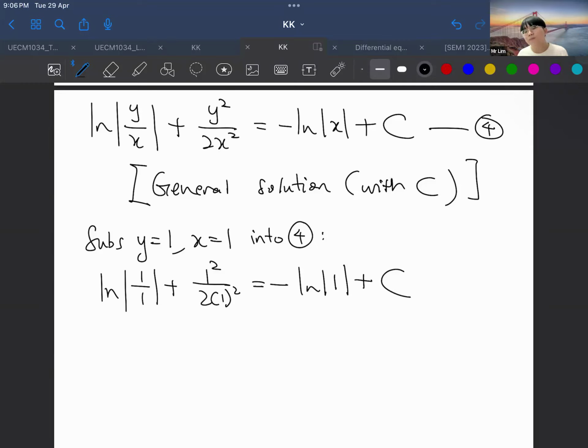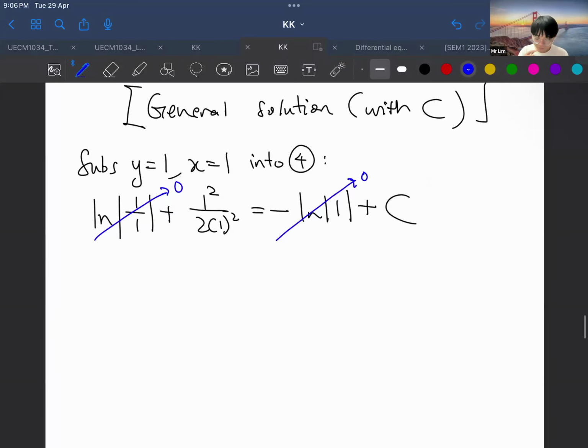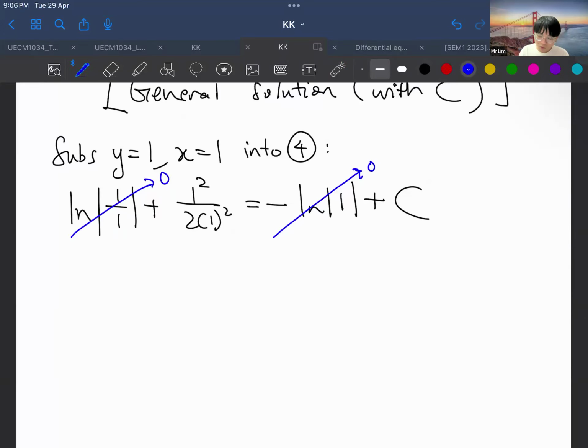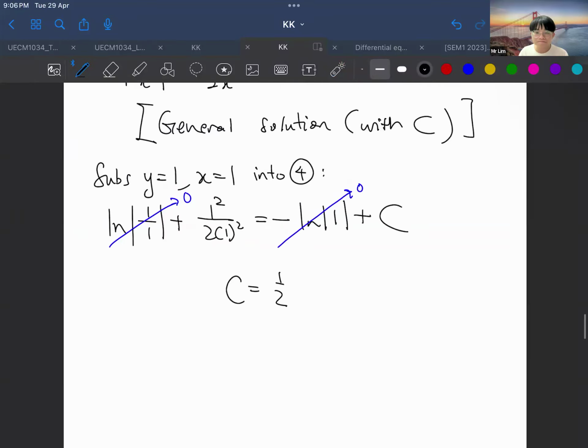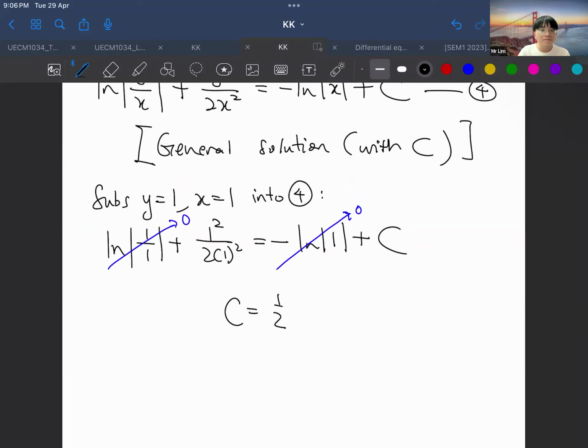What is your c? This is 0, this is 0, so this is 1 over 2. So c is 1 over 2.